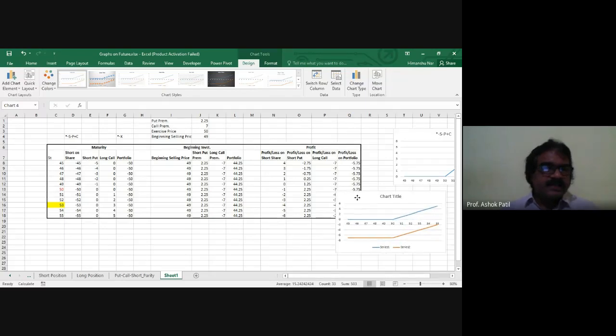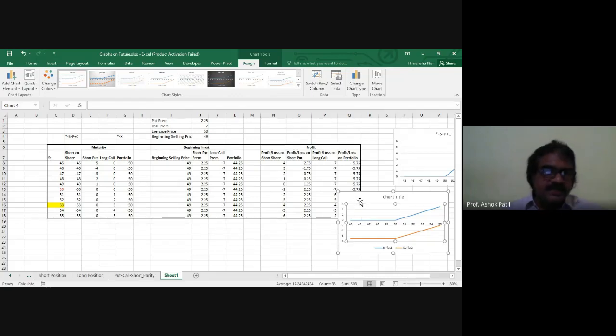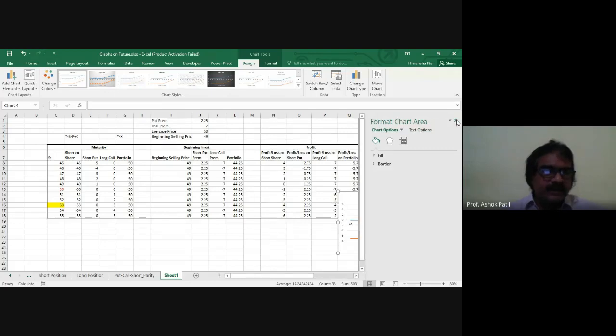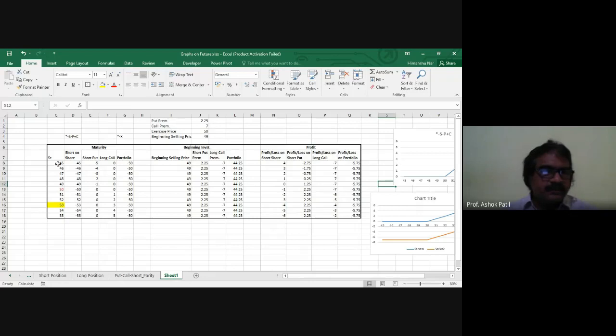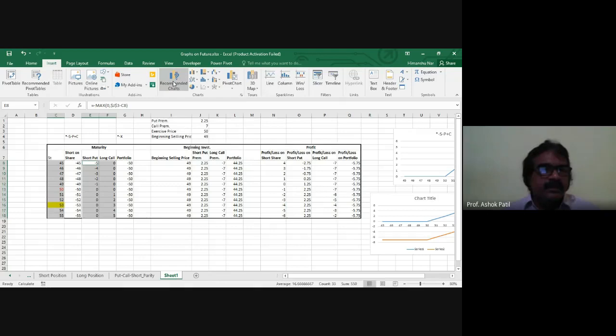Suppose now you put short put and long call positions together. What is my position? That you can also see. If I select my two parts, which are the C column and the E and F columns, now you can see what only these two things look like.